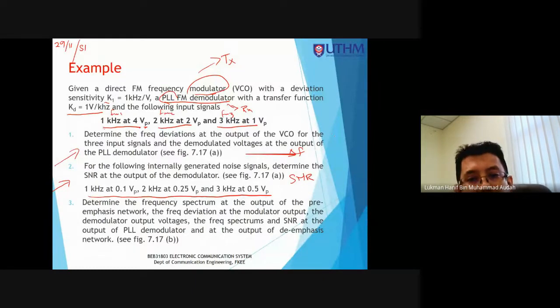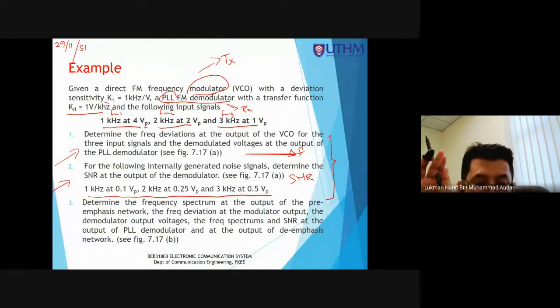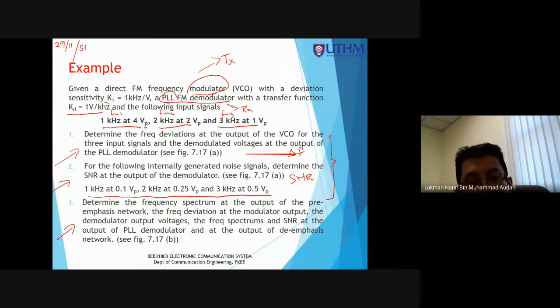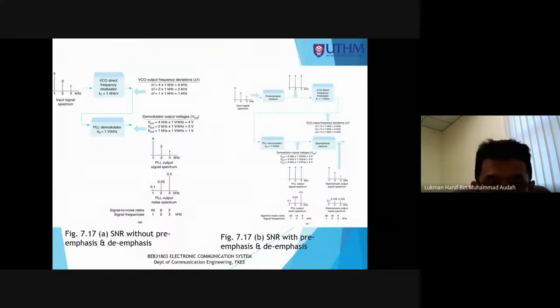So soalan 1 dan 2 dia nak tunjukkan proses tanpa adanya pre-emphasis and de-emphasis. Soalan ketiga dia suruh ulang proses tetapi dengan adanya pre-emphasis, de-emphasis. So actually the example wants to show the comparison macam mana hasil tanpa pre-emphasis, de-emphasis dan juga hasil dengan adanya pre-emphasis, de-emphasis.